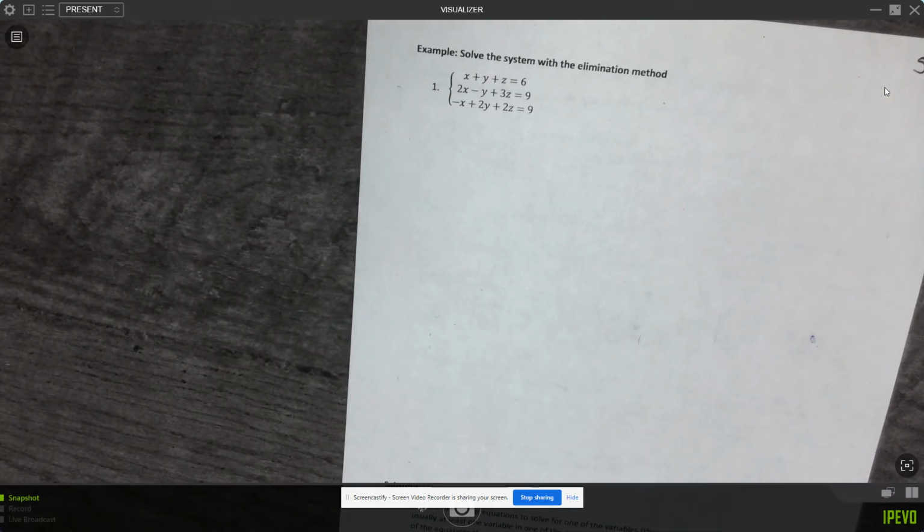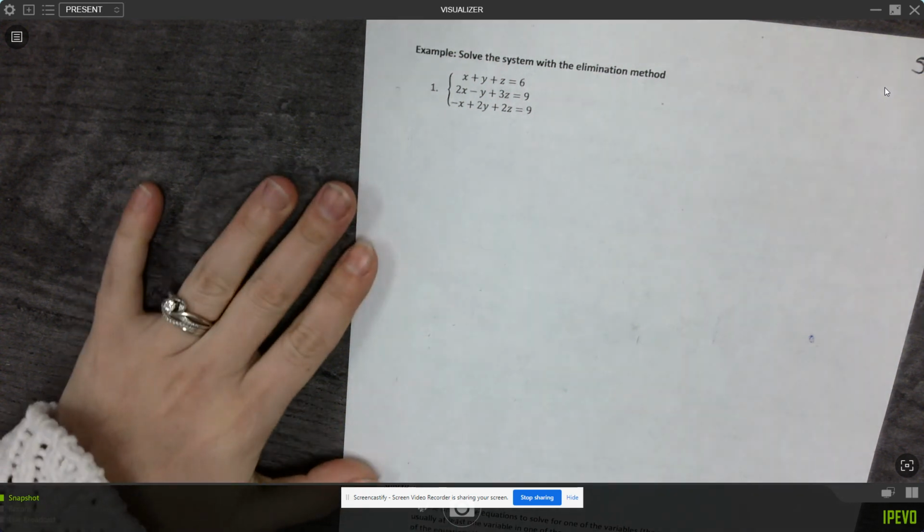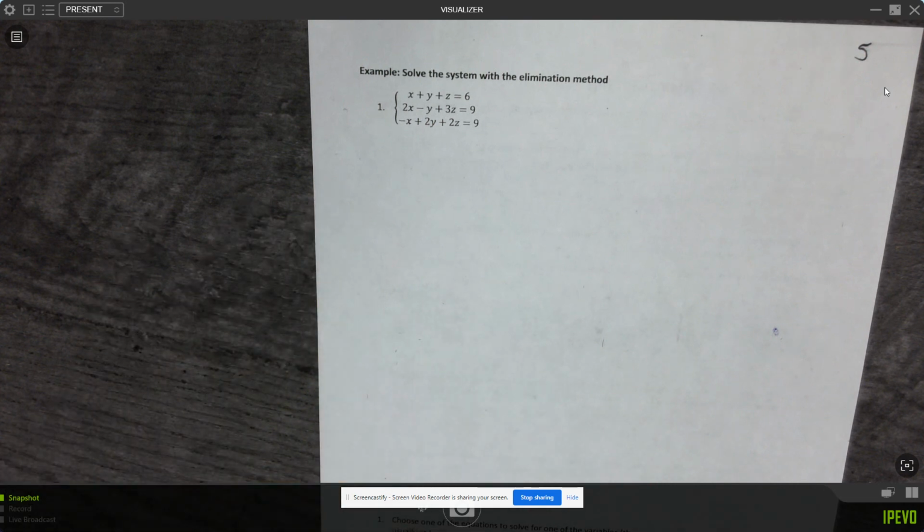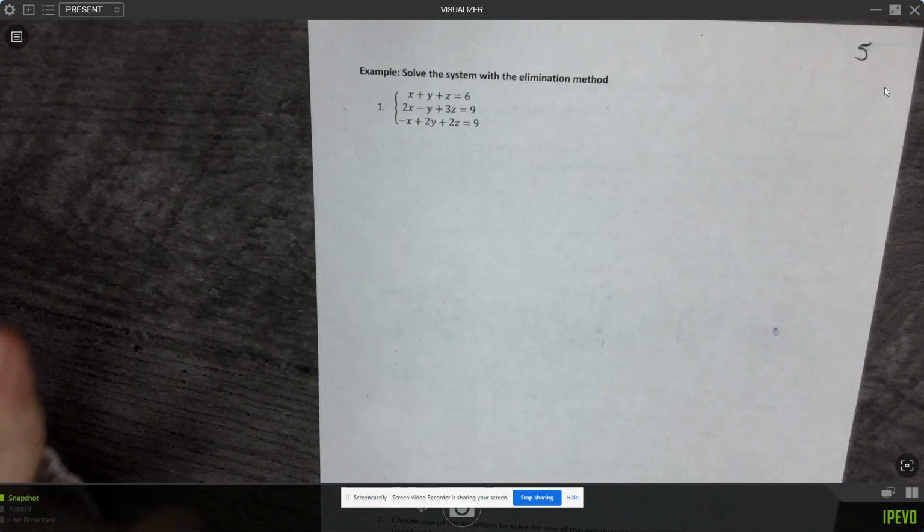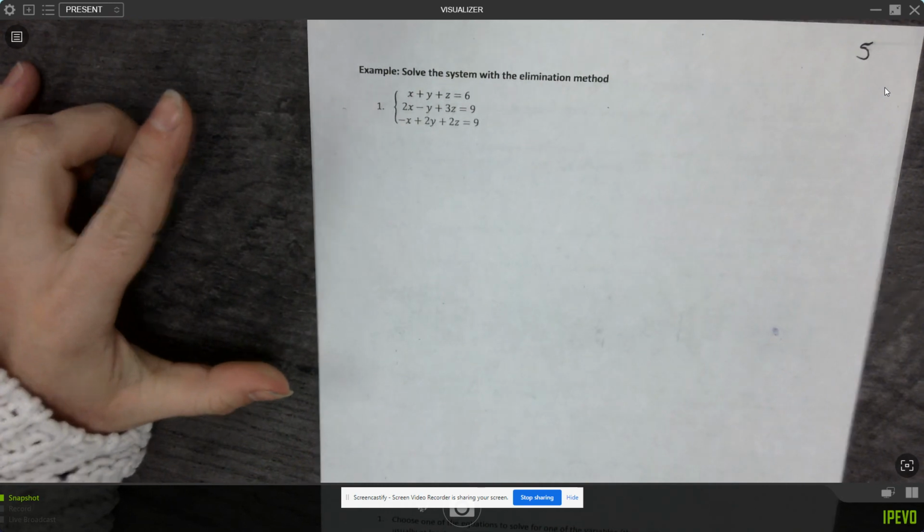So, let's put all that together. We are going to pair 2 of the equations together to eliminate one of the variables, keeping in mind that step 2 is to pair another 2 equations to eliminate the same variable. So I want to point some things out here as you are getting started. Some suggestions, some ideas.